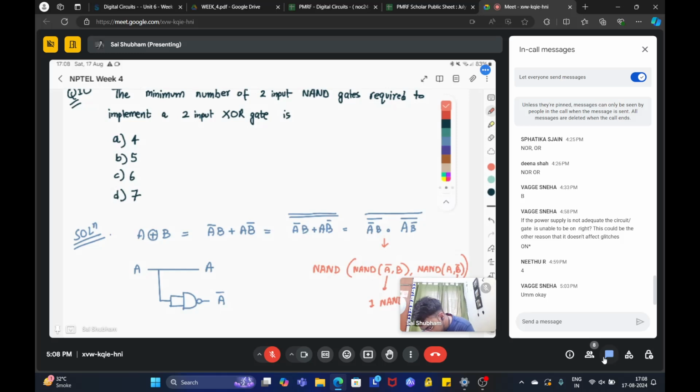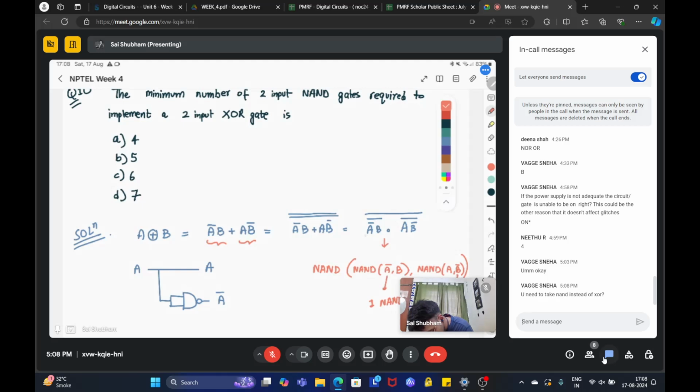As you can see here, this is A bar B plus AB bar, which can be written as NAND of A bar B and NAND of AB bar, and whole NAND.